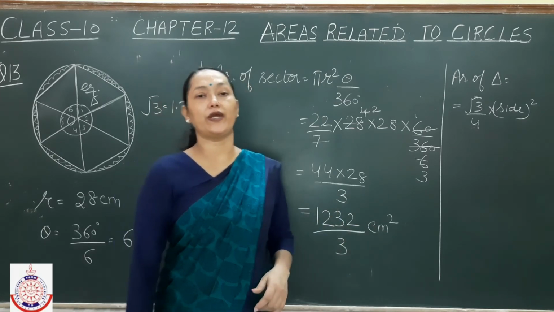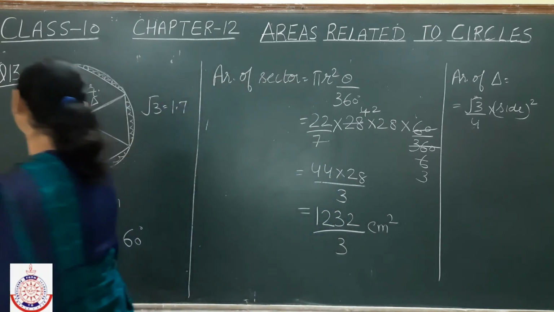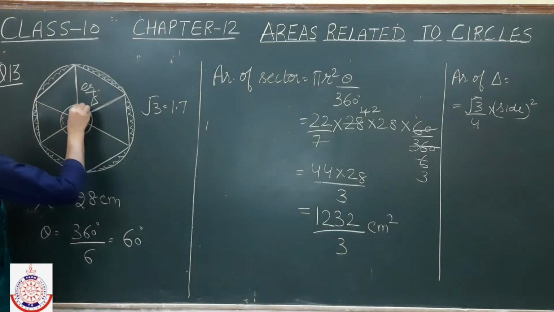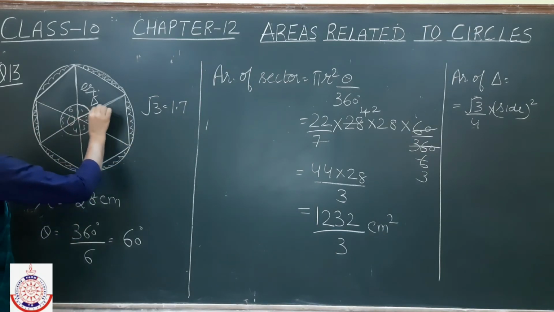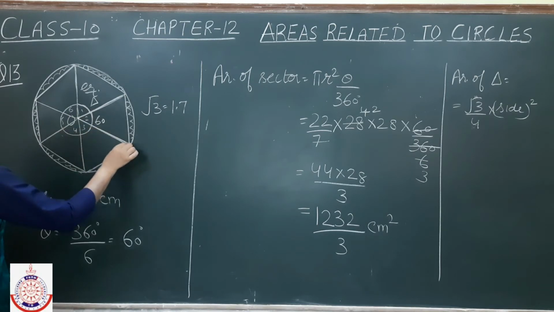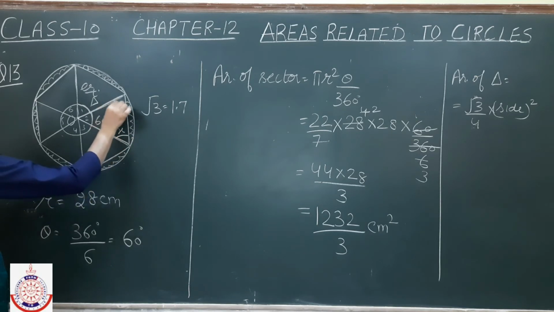Next we have to calculate the area of the triangle. In this question, I have told you that this angle is 60 degrees. Everywhere it is 60 degrees. And these are the radii. So angles opposite to these radii, means equal sides, will also be equal.